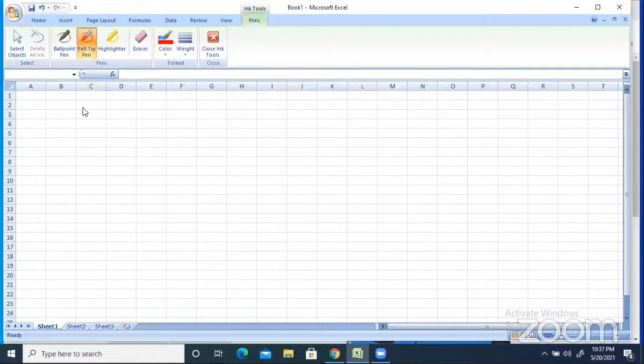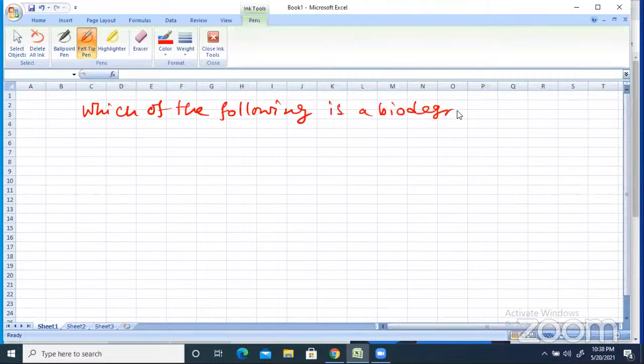Now write down, which of the following is a biodegradable plastic? Number one, PET.